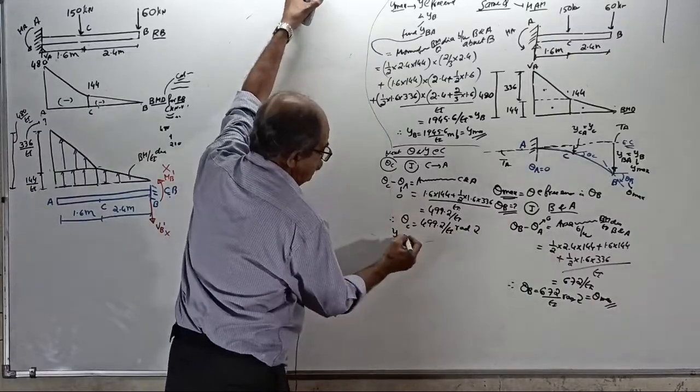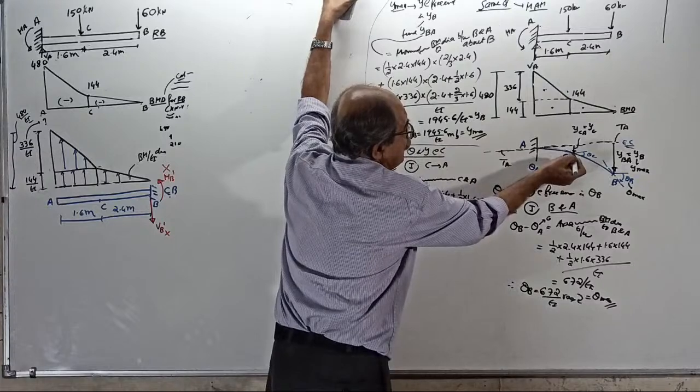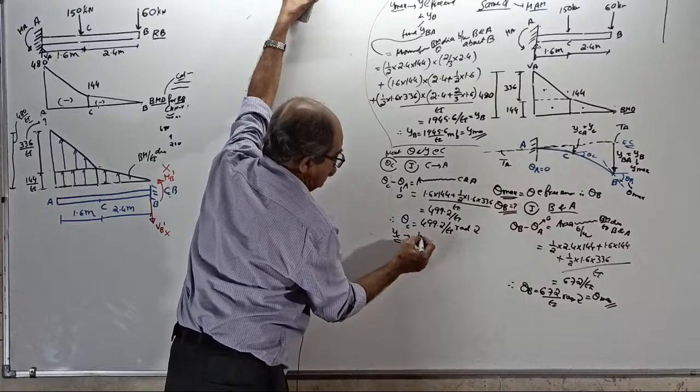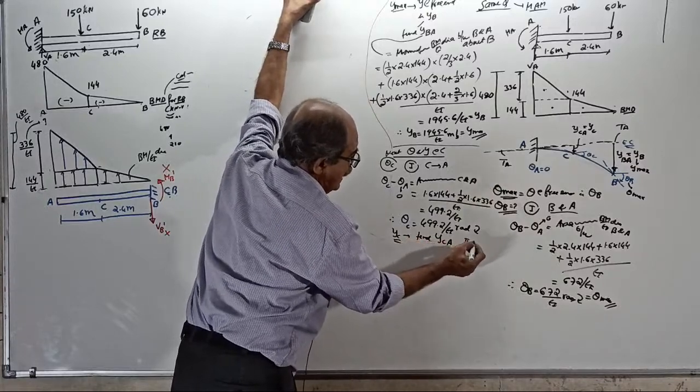Over. Lastly, deflection at C. Start. If you want deflection at C, it is nothing but displacement of C with respect to tangent at A. That is, find y of C with respect to A. Apply second theorem.